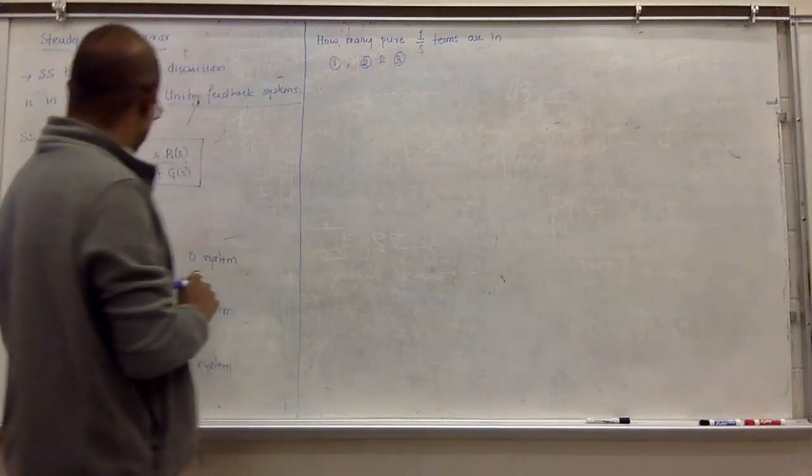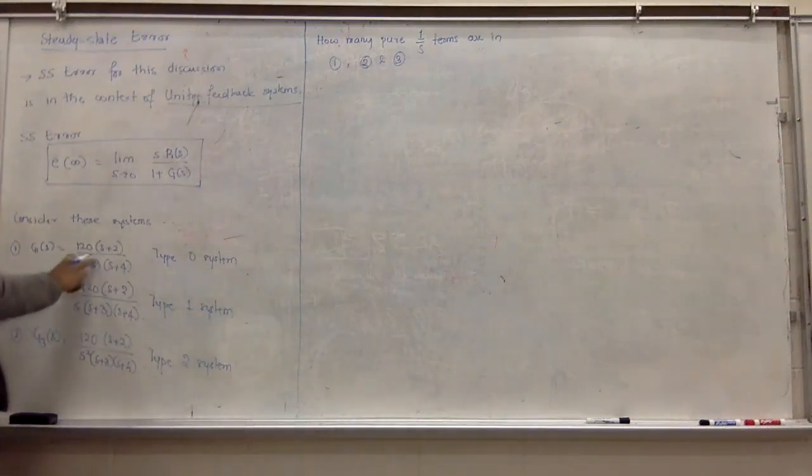How many pure 1 over S terms are in this one? 0, right? So that is the reason it is a type 0 system. Here you will see that there is one pure 1 over S term, so that's the reason this is a type 1 system. This is a type 2 system.